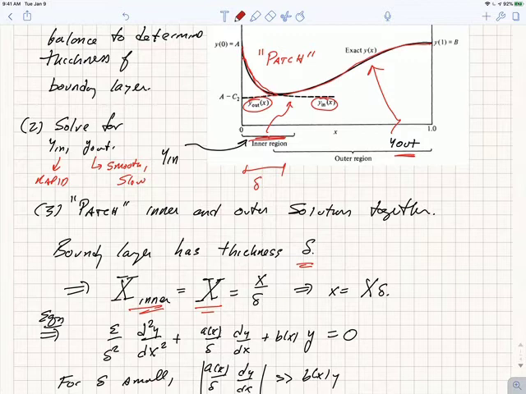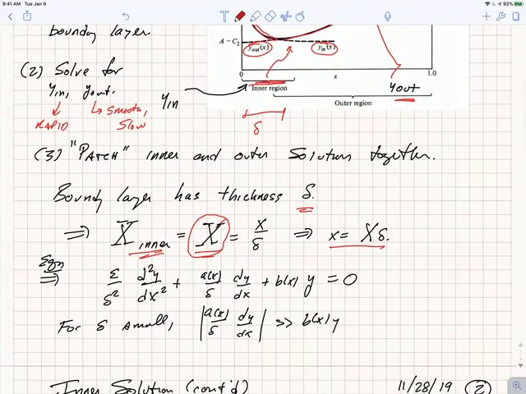And what we expect is that if we rewrite things in terms of capital X, everything in the inner region is going to vary such that all derivatives with respect to capital X should be of order 1. Little x, our original variable, is capital X times delta.